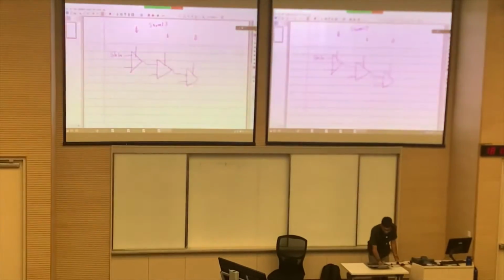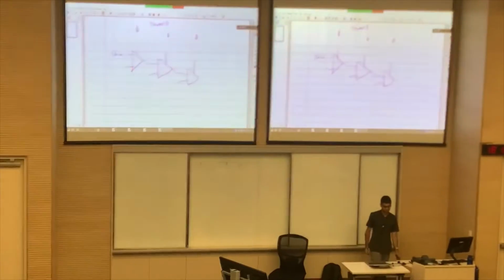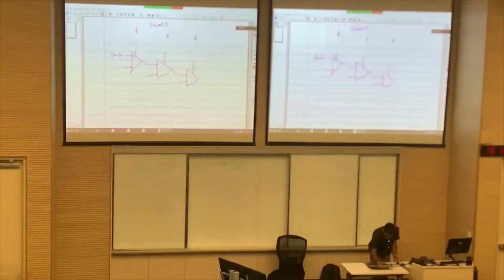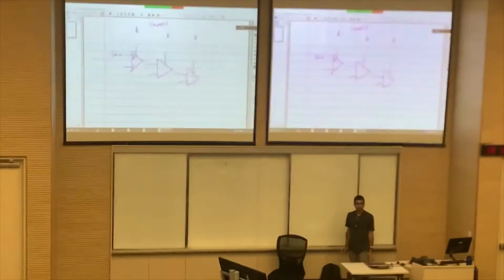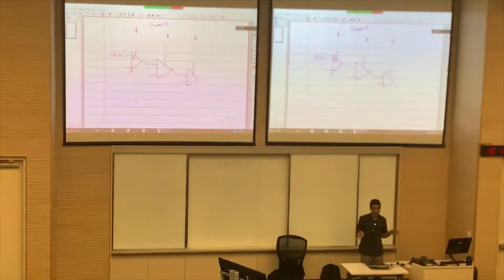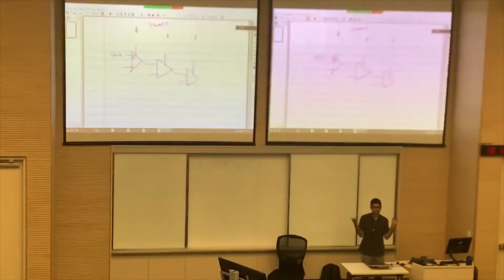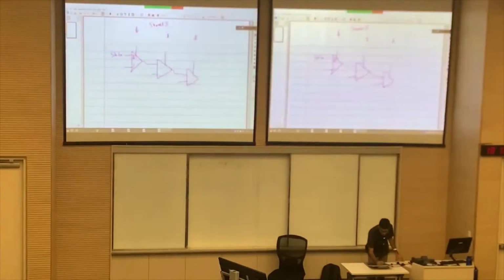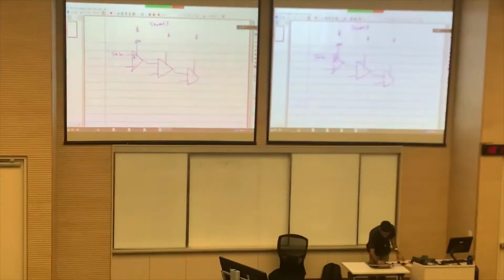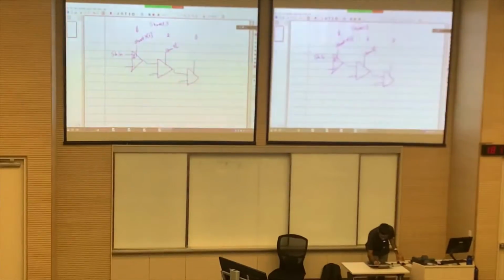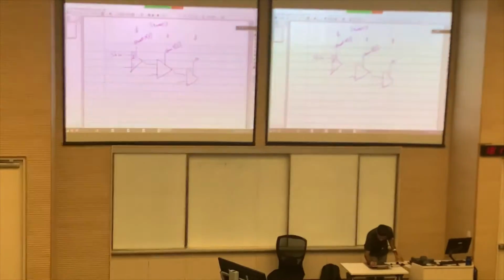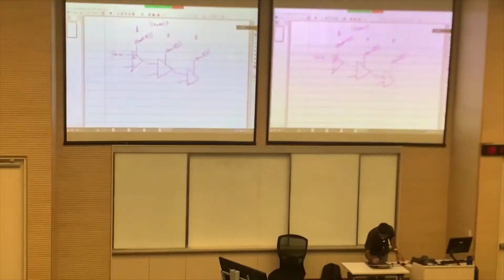Okay, so you give the input directly to one of the inputs, and that input will be marked as input 0. Why? Because the first stage does not do rotation if the most significant bit, so here it is SHAMT3 bit number 2, and this will be SHAMT3 bit number 1, and this will be SHAMT3 bit number 0.